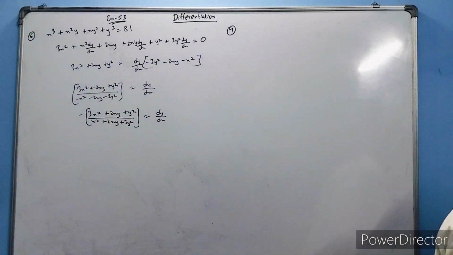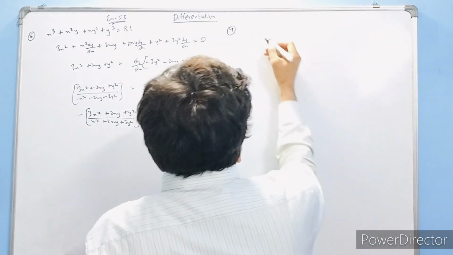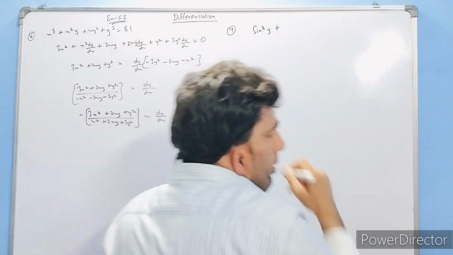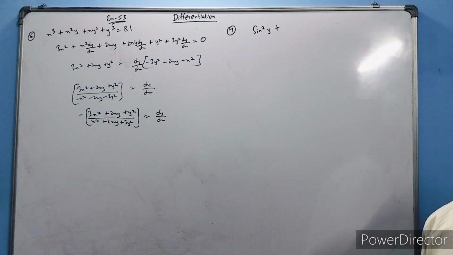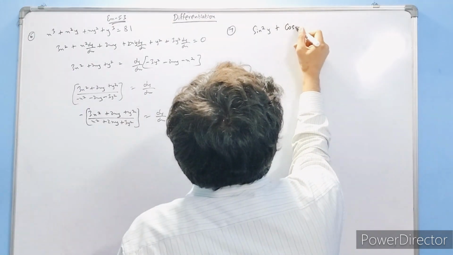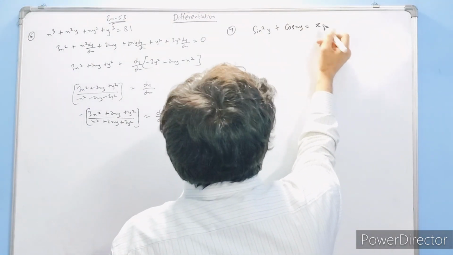What they have given: sin square y plus cos xy is equal to pi.